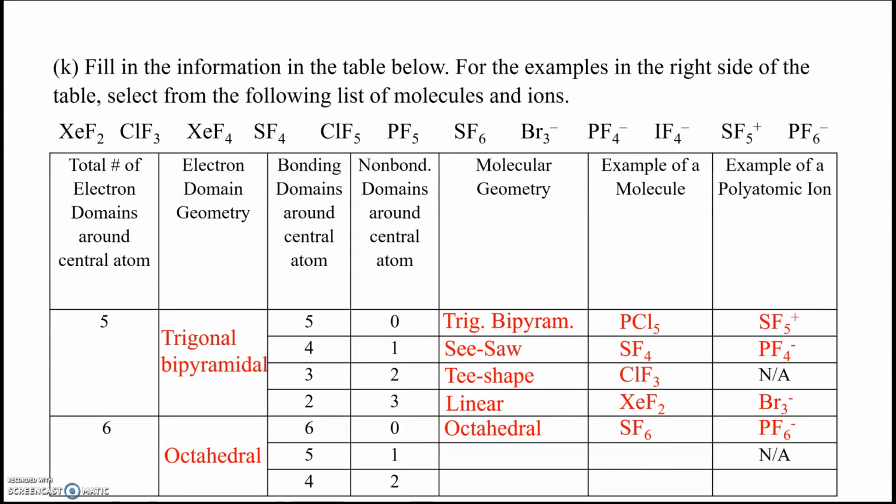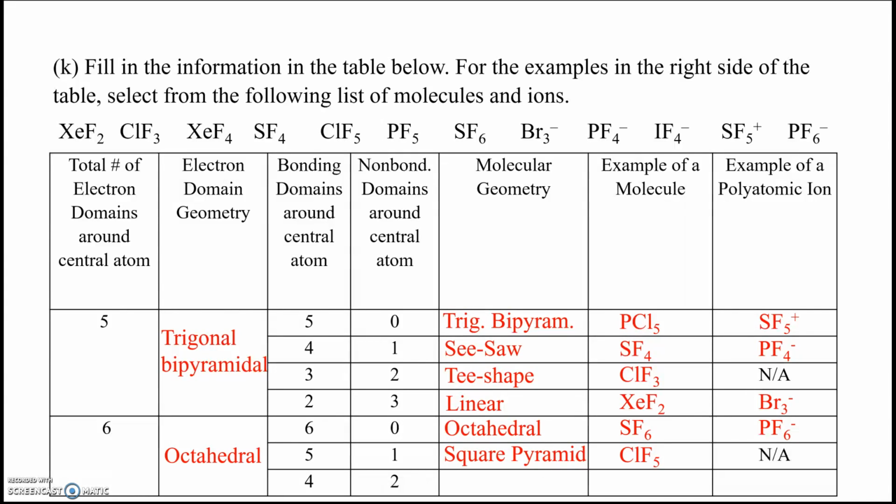When I have octahedrals with 5 bonding domains and remove one or add 1 non-bonding domain on the bottom, that gives us a square pyramid shape. It's a 4-sided pyramid. An example of this would be chlorine pentafluoride, and there isn't a polyatomic ion.